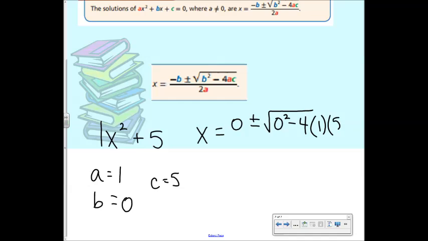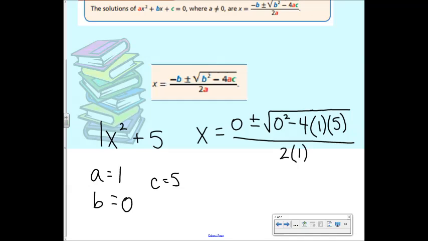All of that in a square root, and all of that on top of 2 times what's a? 1. Okay, that's it. That's your first step. Plug in the numbers that you know. And you should always have 3, even if it's only 2 terms, if some of them are 0.